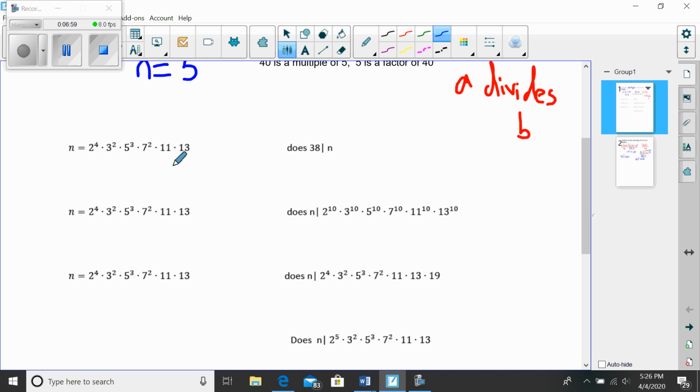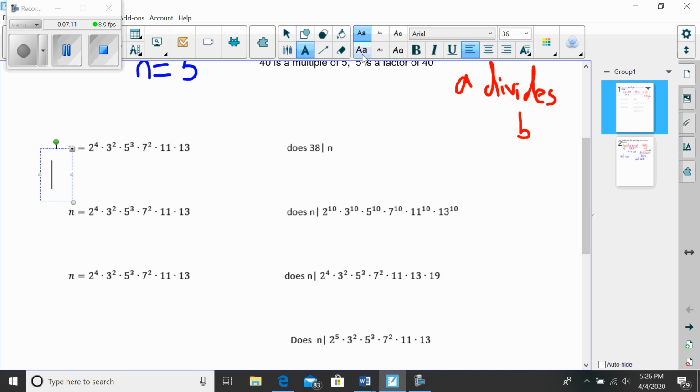And I was asking you to list other factors of n besides the ones that I gave you. All right, so if I were to look at some factors of n down here, I listed the obvious ones, 2, 3, 5, 7, 11, 13.